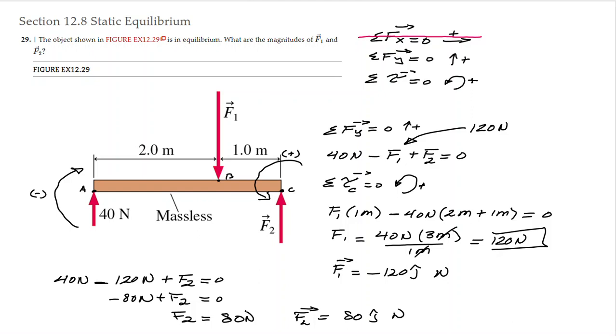So we have this force in the positive direction of the unit vector j, and it is equal to 80 newtons. So we found both forces, F1 and F2, with magnitude and direction. The exercise was solved.